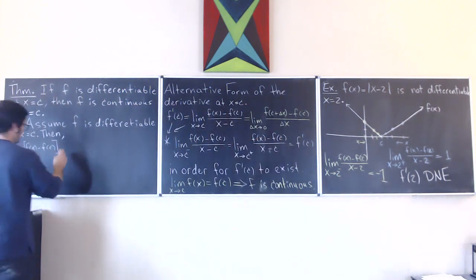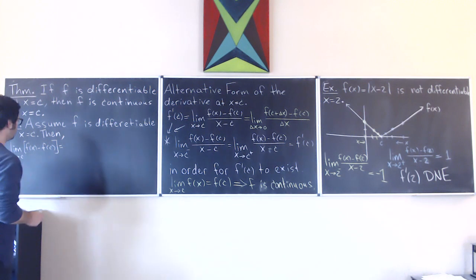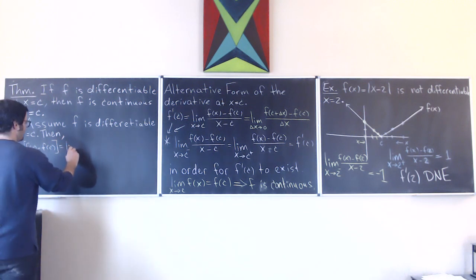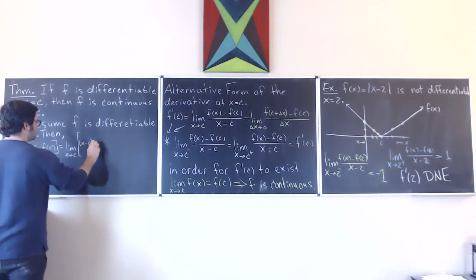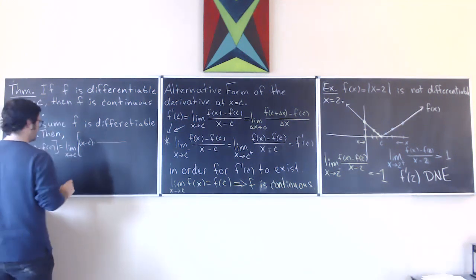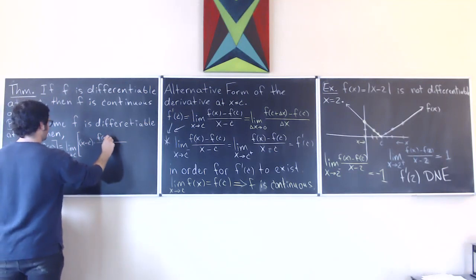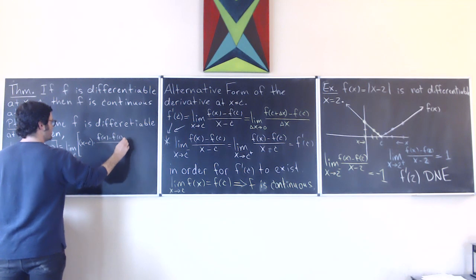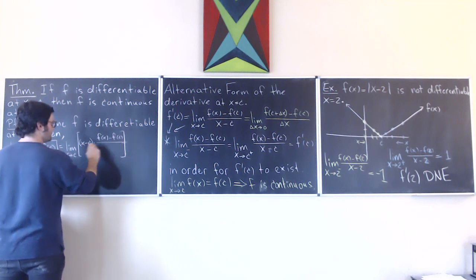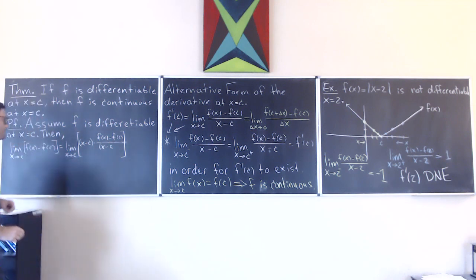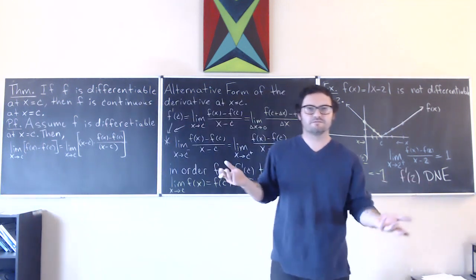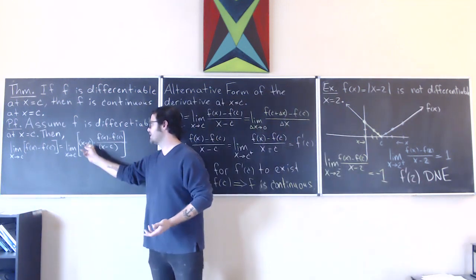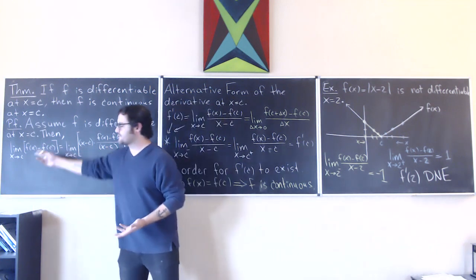Okay, so notice that this limit is equivalent to saying the limit as x approaches c of x minus c times this, divided by x minus c. I just multiplied by 1. Multiplying by 1 doesn't change anything. That divided by that is just 1. So I did not change the original limit.